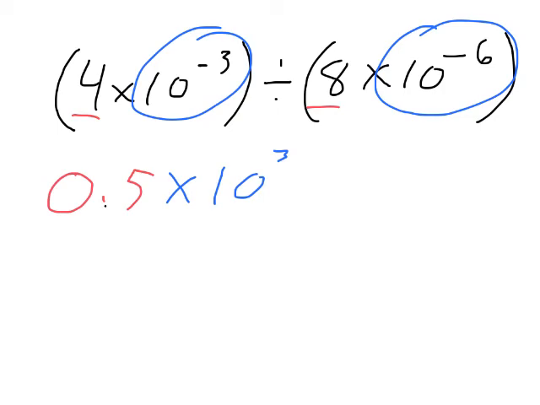Another way of thinking about that is to realize that 0.5 could be written as 5 times 10 to the negative first.